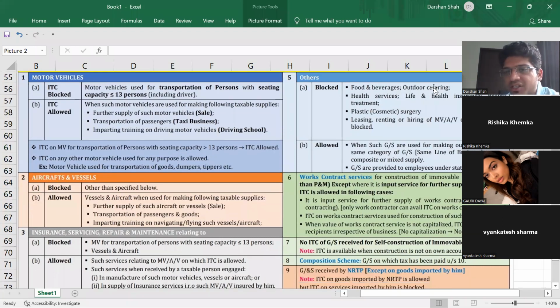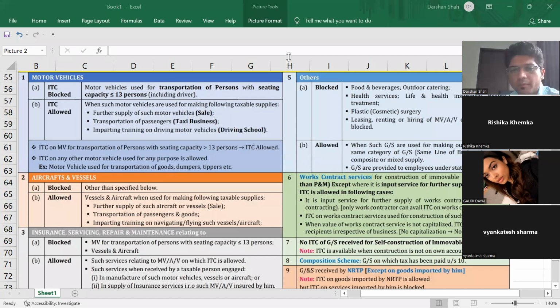Similarly, food and beverages, outdoor catering, health service, plastic surgery of your employees, leasing, renting or hiring motor vehicle, aircraft, vessels, again not allowed. Anything which is for the luxury of your employees or directors is simply disallowed.